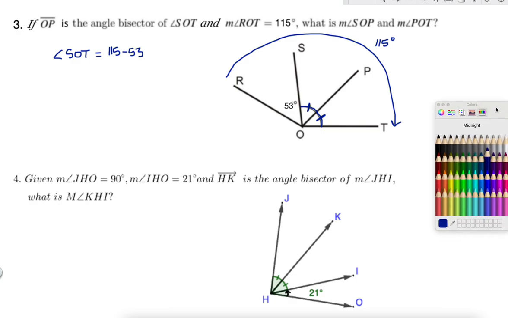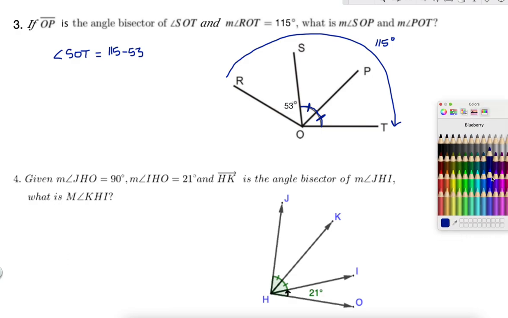And let's see. We've got 2 and then 6, so this would be 62 degrees. So the measure of angle SOT is 62.